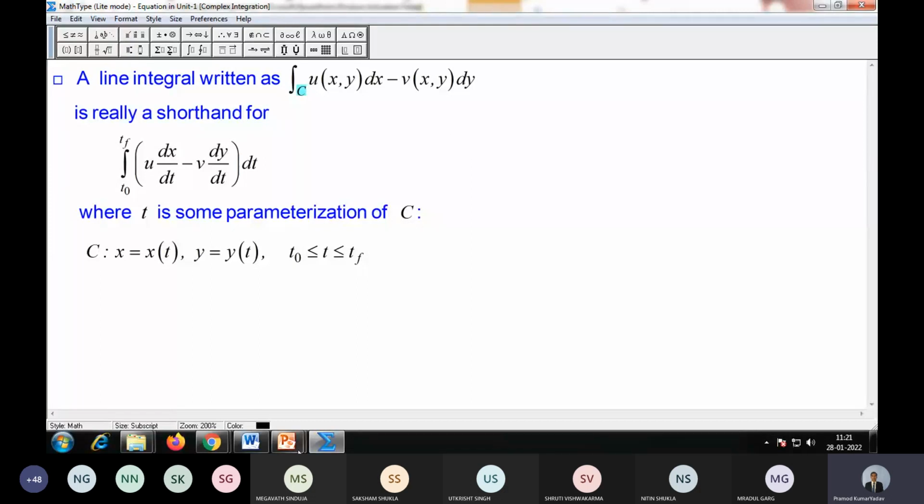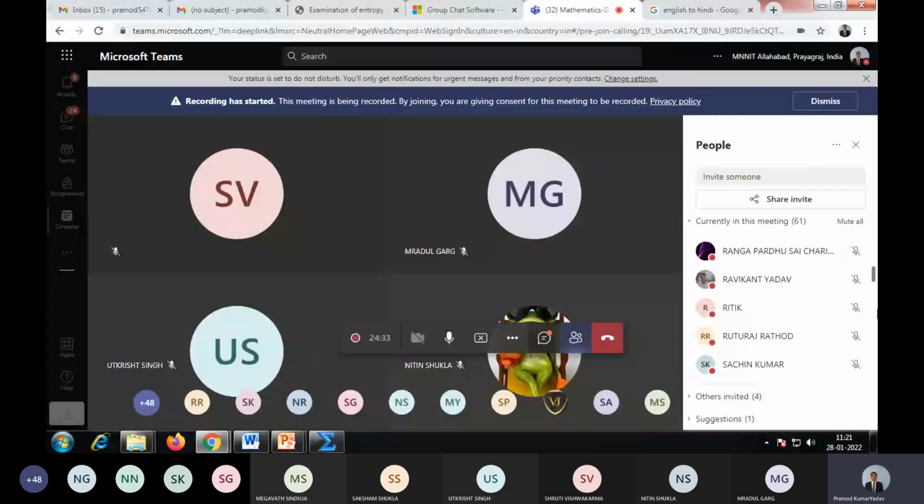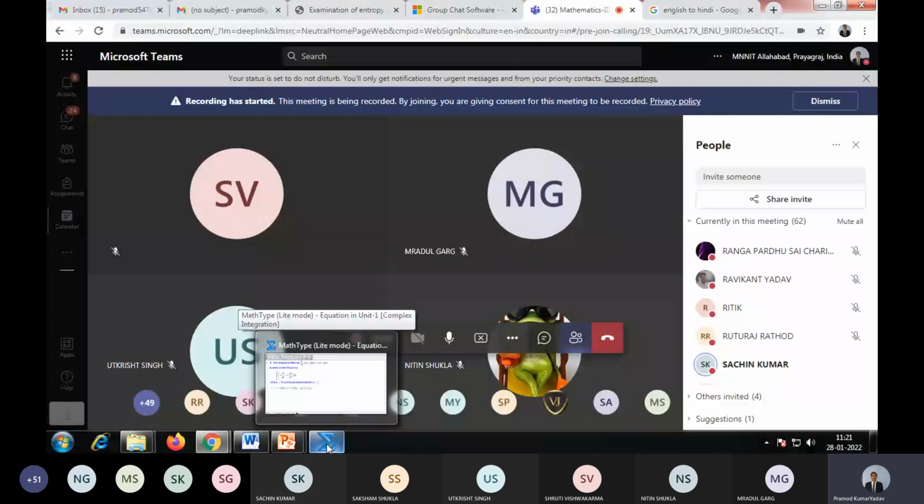Yes, do it fast, please. Sachin, what do you mean by the parametric equation of a curve? Sir, should I tell the definition of this? Yes, definition. I have discussed it earlier.